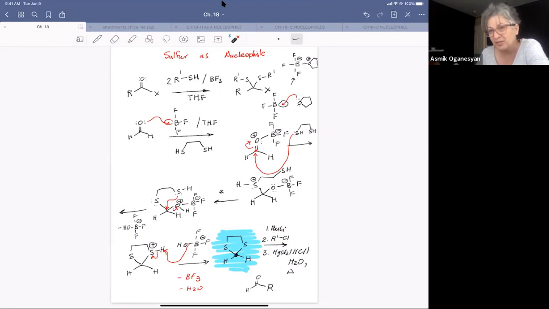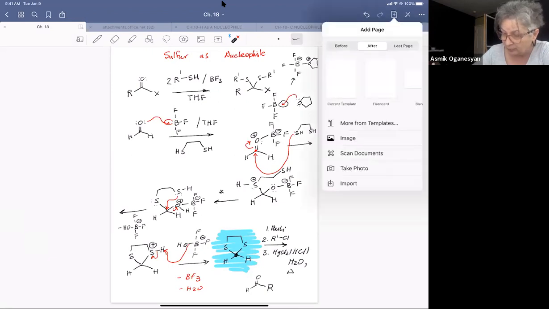Dithianes by themselves are not useful for anything but for further synthesis, okay? One more thing, and probably that would be our last reaction, is that dithiane can also be reduced all the way to alkane. So let's put, again, a little roadmap here for you guys.